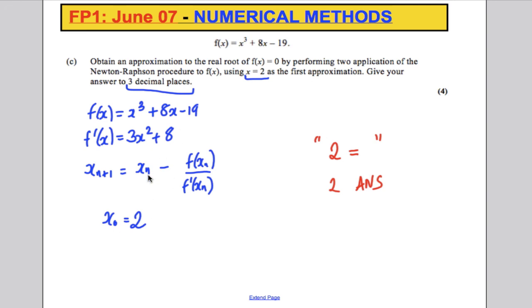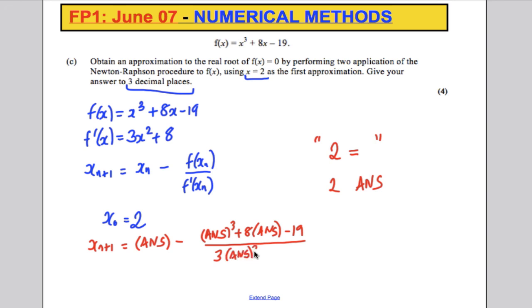Then instead of typing this in each time, we're going to say that in general, x subscript n plus 1 is going to be ans, the previous answer you got, substituting ans for xn, subtract f of ans, which would be ans cubed plus 8 ans, subtract 19, all divided by f dashed of ans, which would be 3 ans squared plus 8. So we're going to do that.